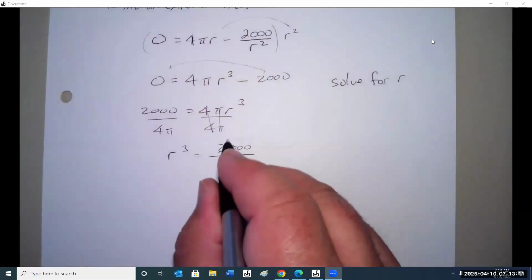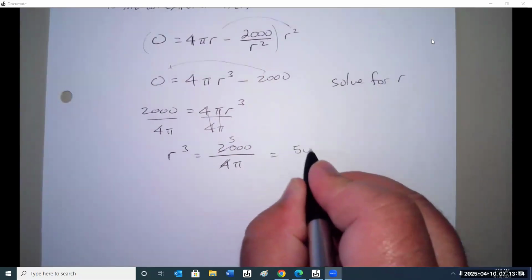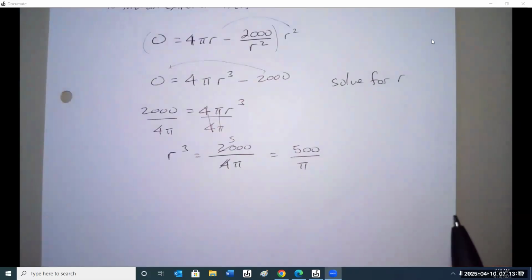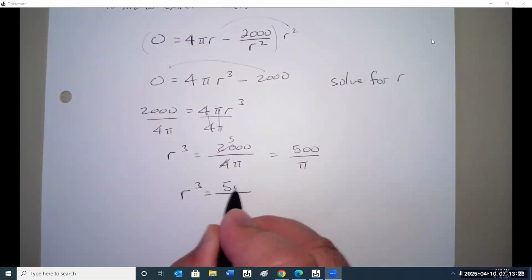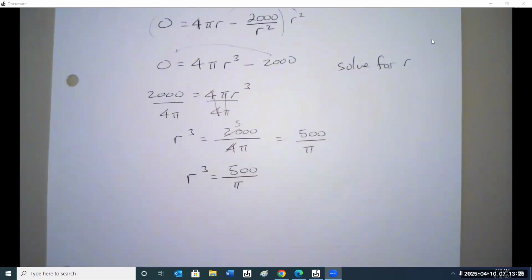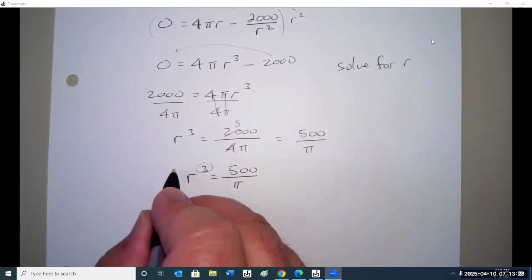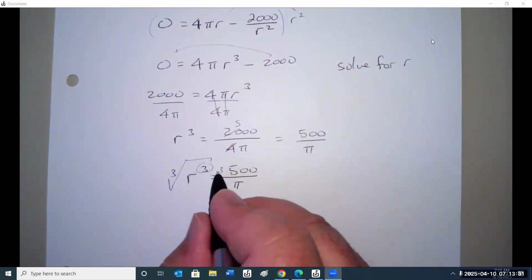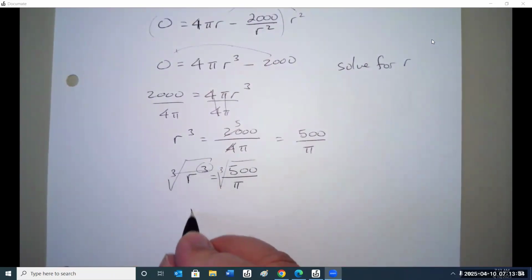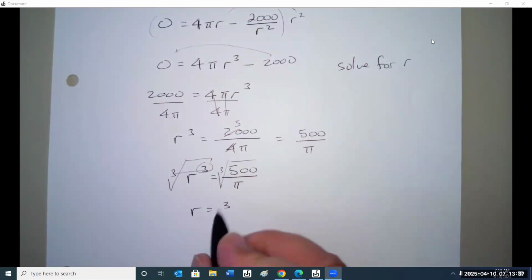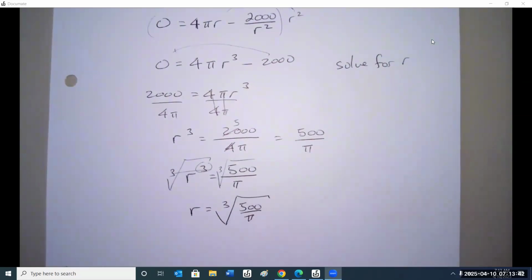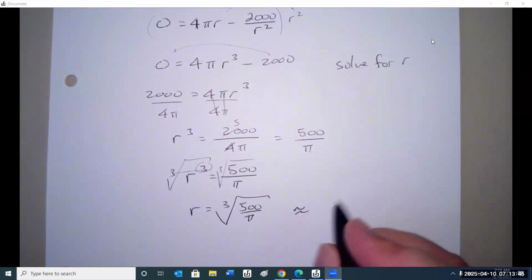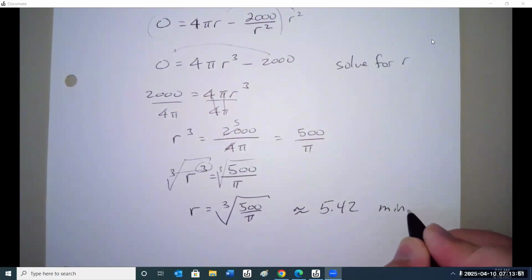Well, the 4 goes into 2000 500 times, so this becomes 500 over pi. Get rid of the cube by cube rooting both sides. So r is equal to the cube root of 500 over pi, which is approximately 5.42. And that's our min.